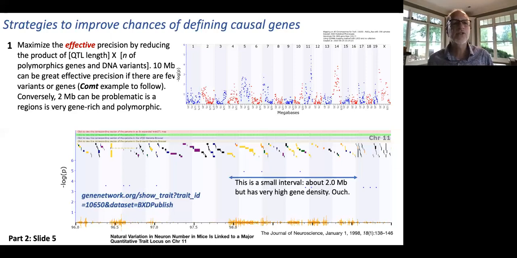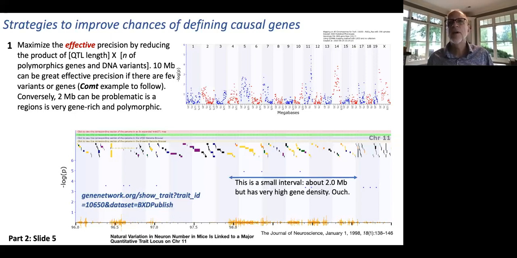Abe can correct us, or somebody or Hao Chen can. The BXDs have about 6 million segregating variants, but in a very patchy format. But it's not just the number of variants, it's their patchiness, and it's the patchiness with respect to the local density of genes. So we really need to start thinking about the effective precision rather than just thumping our chests about our 0.1 or 0.2 megabase precision.